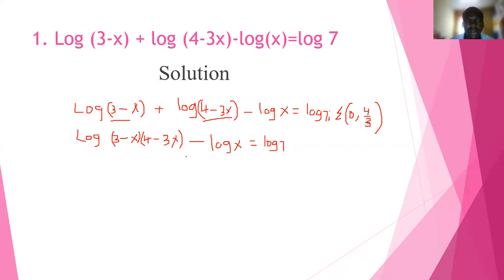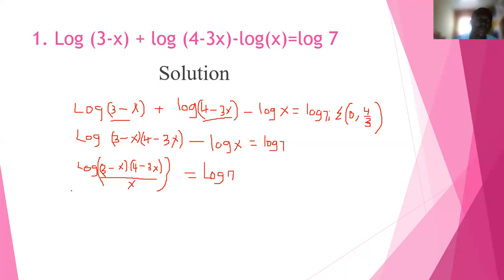So we divide this by x, which can be written as log of (3 minus x) multiplied by (4 minus 3x), divided by x, equal to log 7.